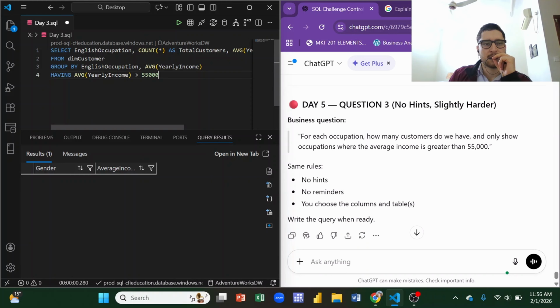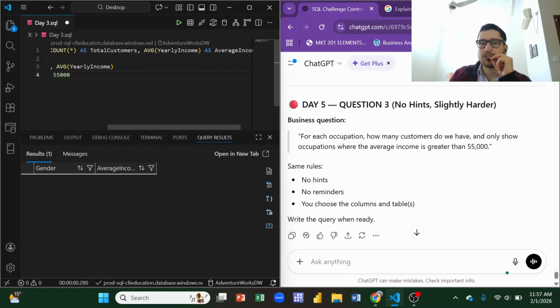First I wrote the table name we are getting our data from, which is the customer table, the dimension table, and from that table we selected the first column, English occupation. Then we counted the total customers, and we also calculated the average income.